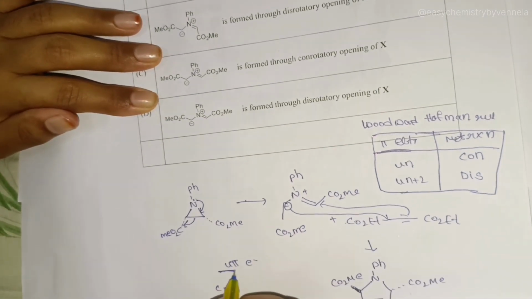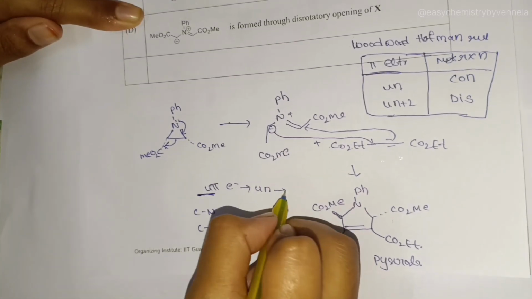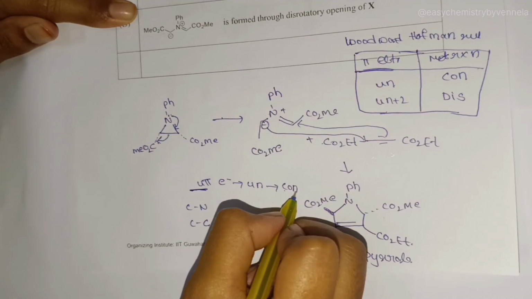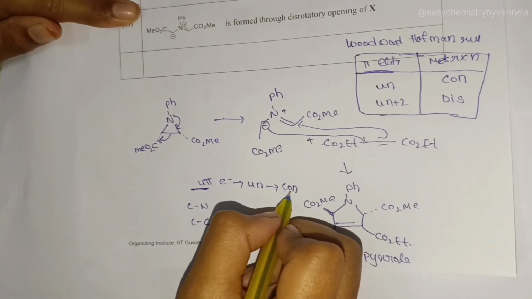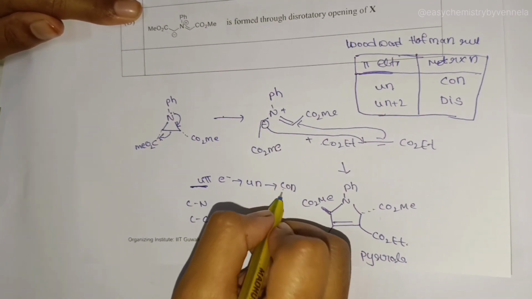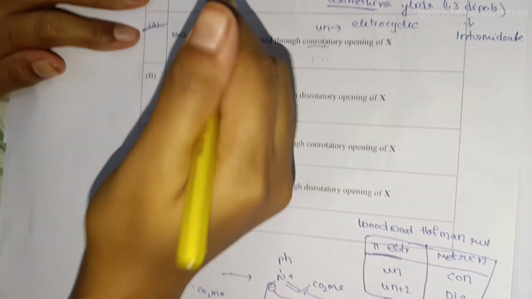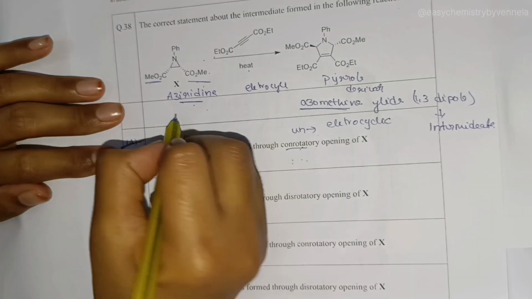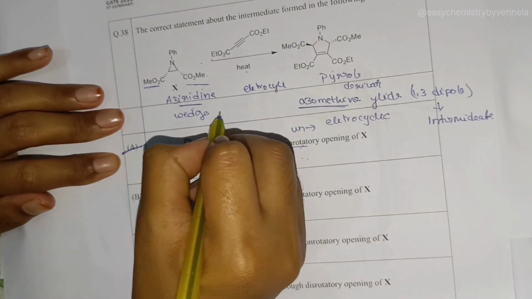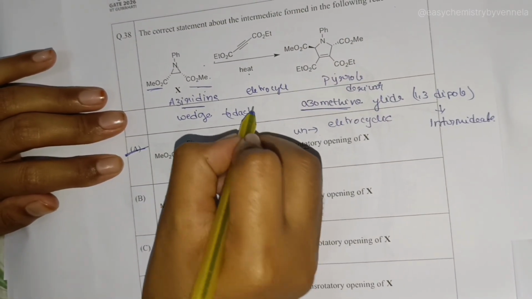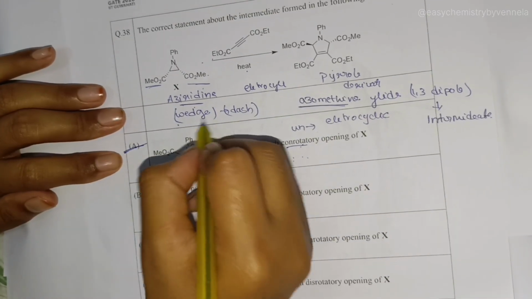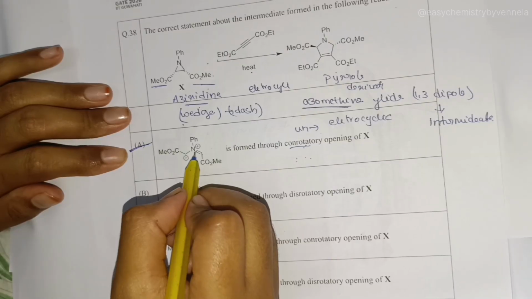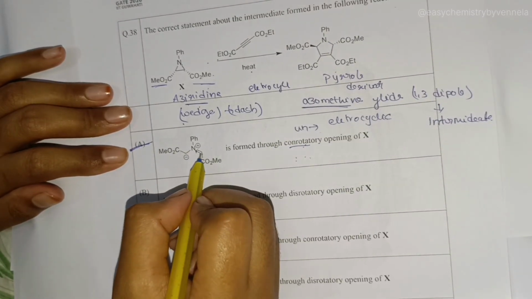Next, in this there are 4 pi electrons. That means it is 4n. That means conrotation will take place. Stereochemistry of the intermediate: con opening, both sides rotate in the same direction. Here in the aziridine, one CO2 methyl group is wedge and the other one is dash. On ring opening, here the CN bond becomes a CN double bond.